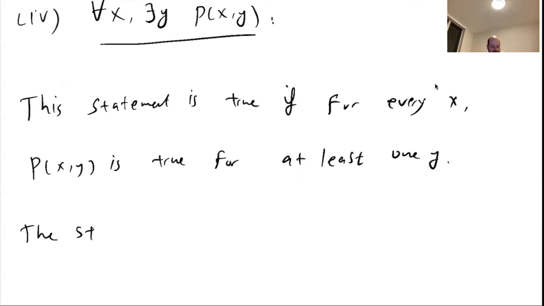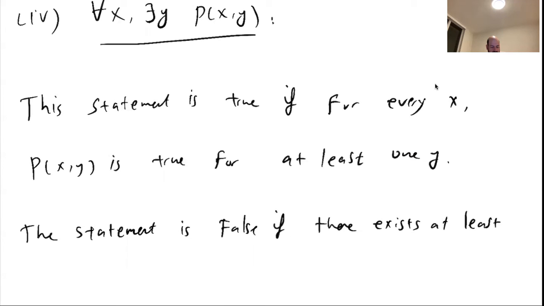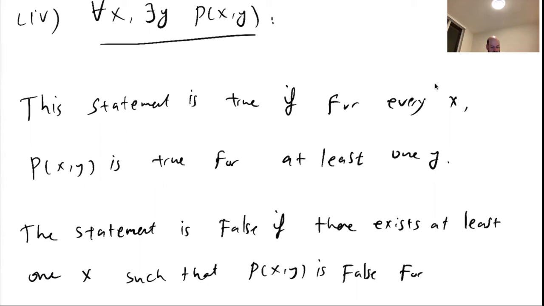The statement is false if there exists at least one x such that p of x and y is false for every y.